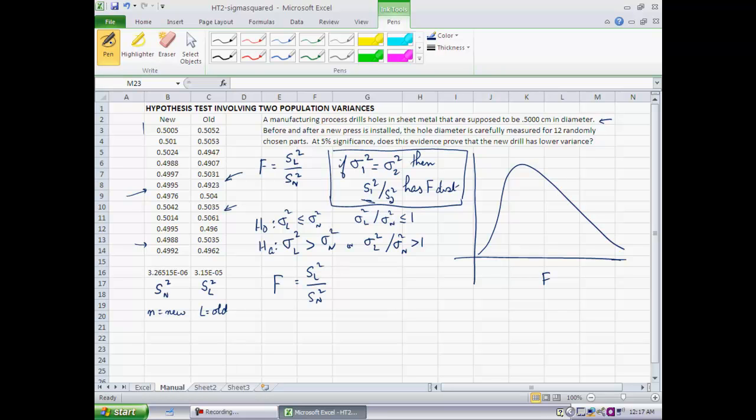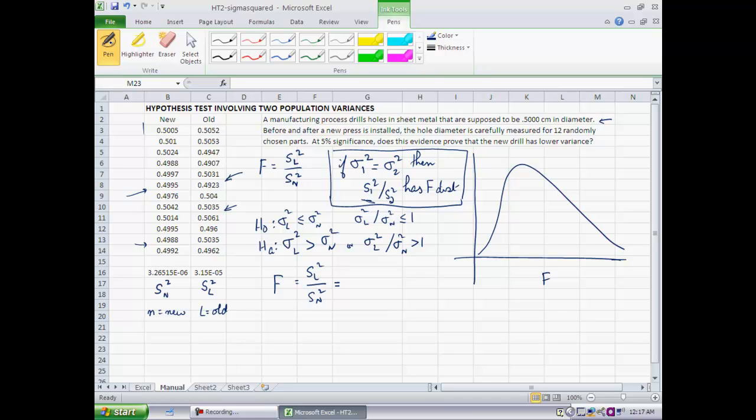So the F ratio that we would get from the sample statistic would always be greater than 1. So be careful to set up your F ratio in such a way that the sample variance that's higher is in the numerator. The two sample variances have already been computed for you over here, and you can see that the sample variance for the old machine is higher than the sample variance for the new machine, and that's why we've set up the ratio in this manner.